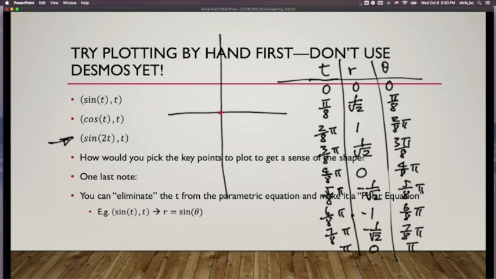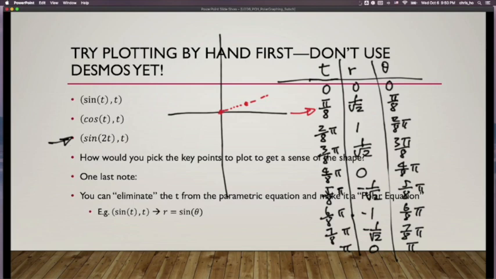So again, I start right here. When the angle is pi over 8, so it's not 45 degrees, but much less, half of 45 degrees, my length is roughly 0.7, 1 divided by 1.4.